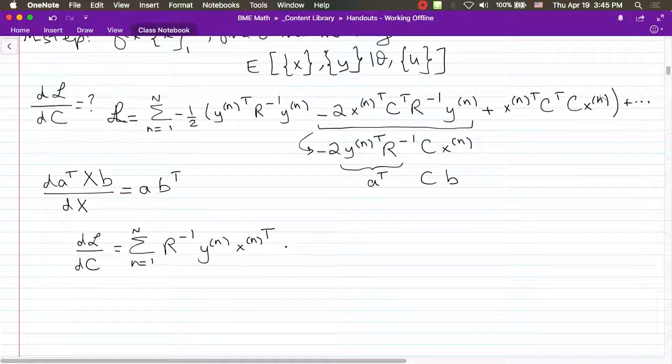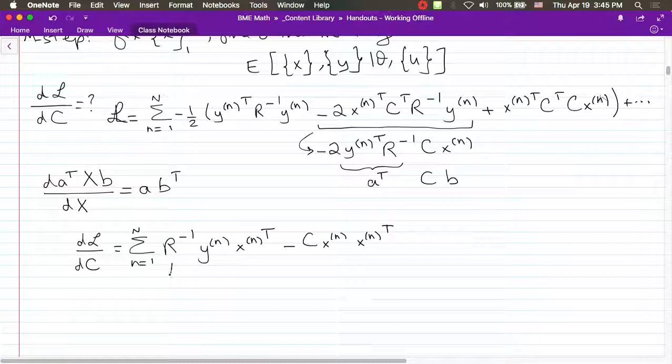In the second term is going to be this quadratic function, and in that case we have C times x of n transpose. And let's just look at the dimensions to see if this makes sense.